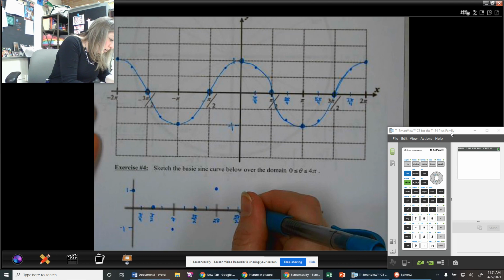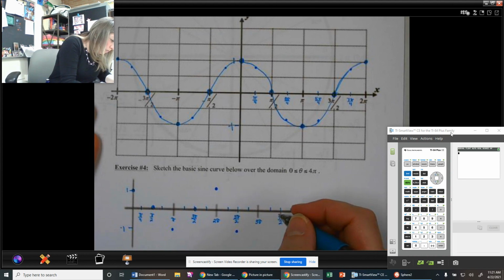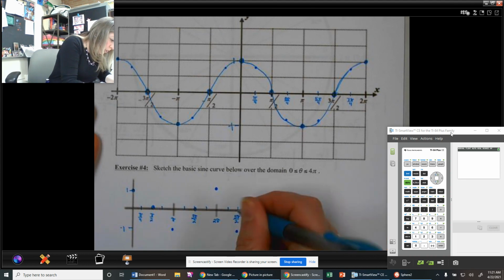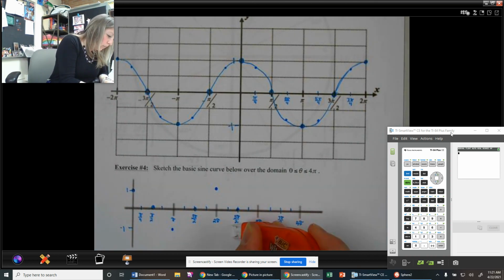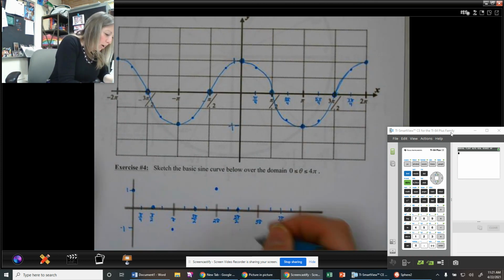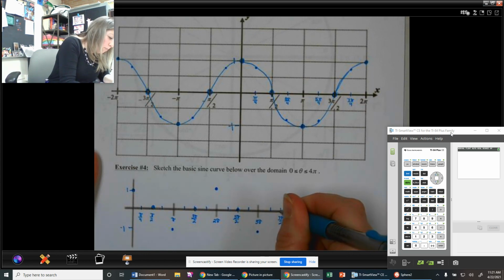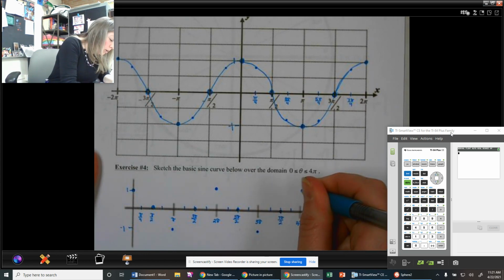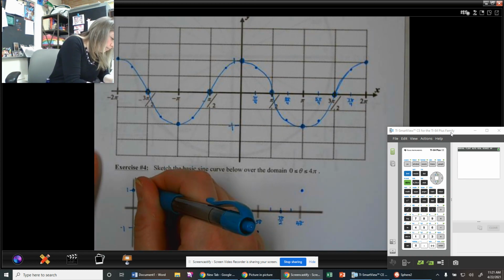So then 5 pi over 2 is low. Nope, that one's a zero. Thank you. 3 pi is low, because regular pi is low, so 3 pi is low. Perfect. And then back up here for the middle, and then back up here. So now we just sketch our cosine.